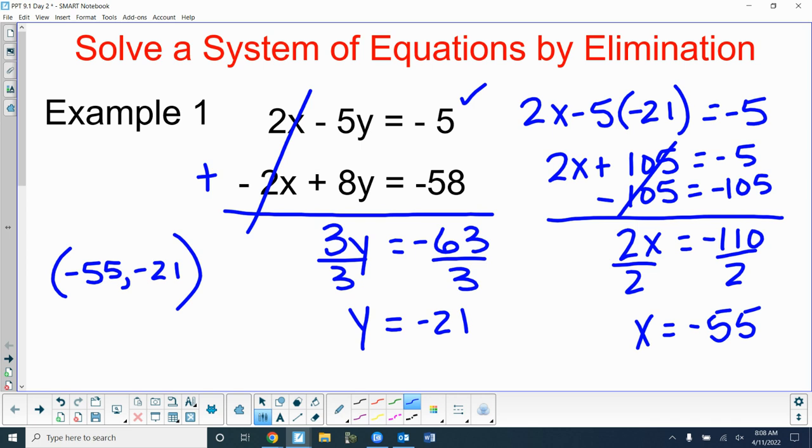I'd multiply the top by 8 and the bottom by 5, everything. Then I'd get 40s in front of the y. And then I would go ahead and do that. Okay? Let's say this top one just was nothing in front of that x. I probably would multiply the top by 2, everything, to make it 2x and negative 10y and negative 10, and then put them together. Okay?